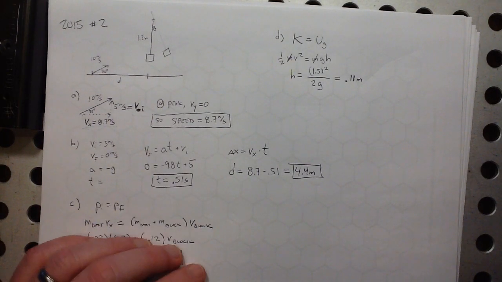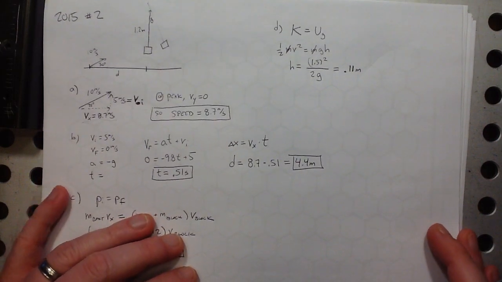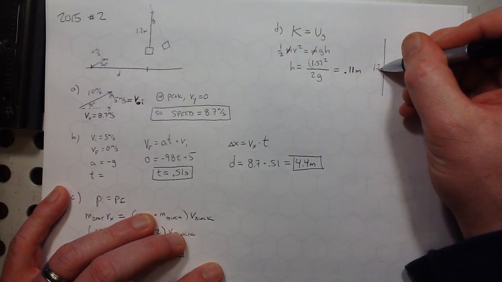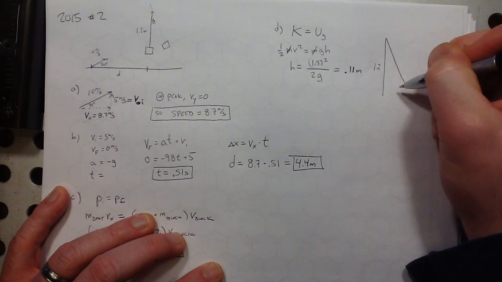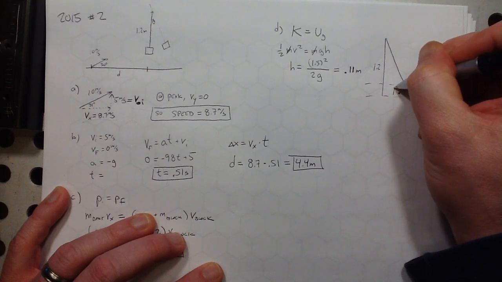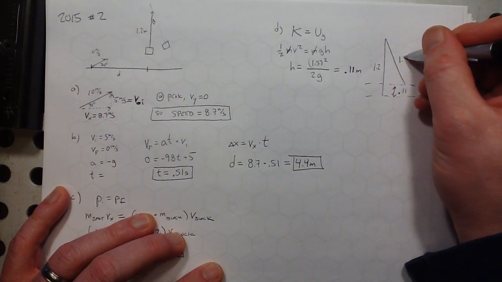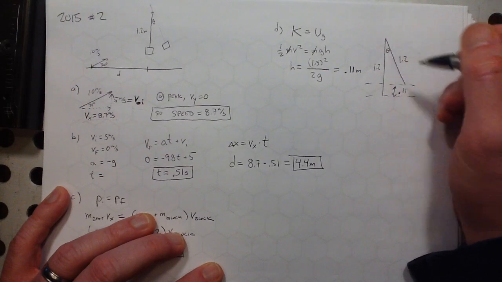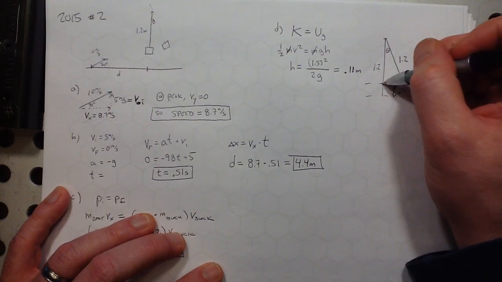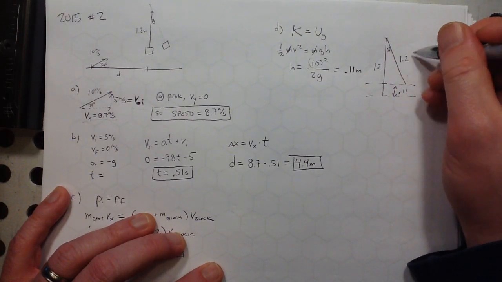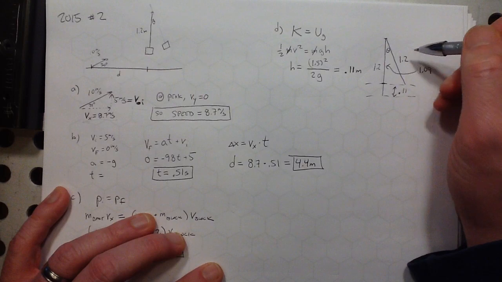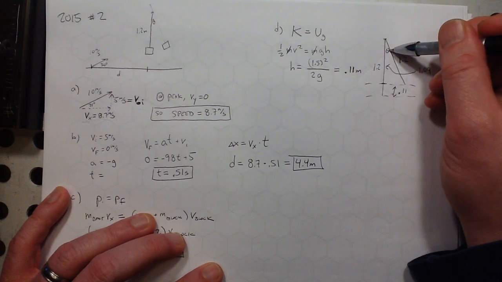Now I need to find the angle. We've done this exact trig problem a few times before. I hope you remember how to do it. So I've got this 1.2 meters, and I know that it's going to go up by 0.11 here. But of course this is still 1.2. So from here to here is 1.2 minus 0.11, so this side right here is 1.09.